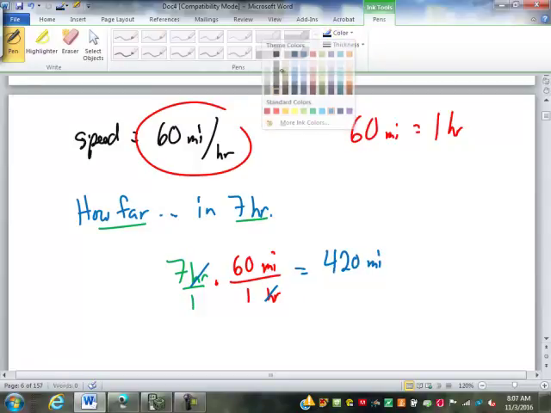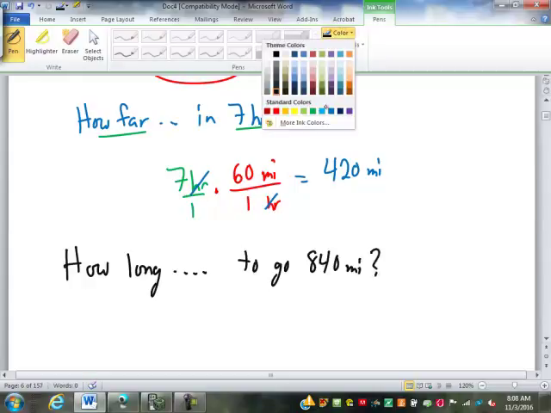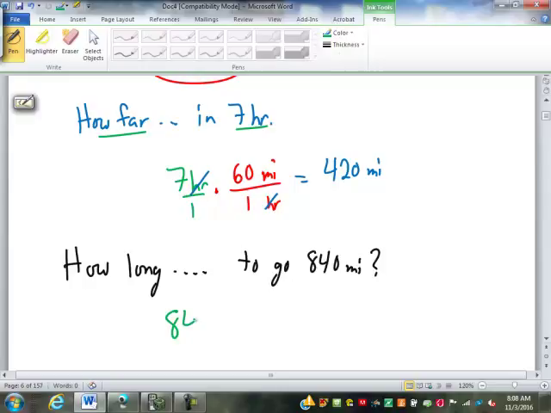That was a relatively simple example. What if I ask, still going at 60 miles an hour, how long would it take to go 840 miles? Well, we're starting out with 840 miles here.